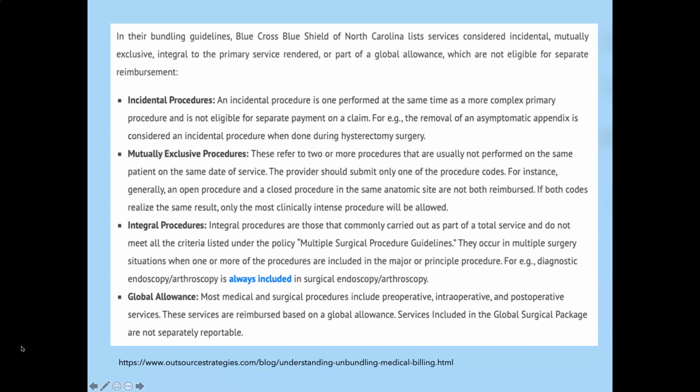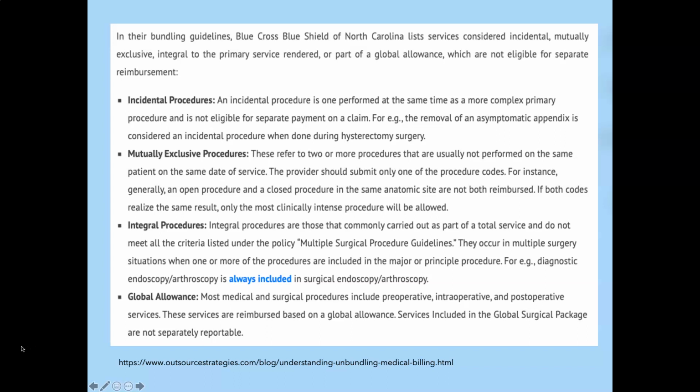So incidental procedures are not eligible for separate payment on a claim. For instance, if during a hysterectomy surgery they remove a woman's asymptomatic appendix, you cannot bill for that because it was incidental.